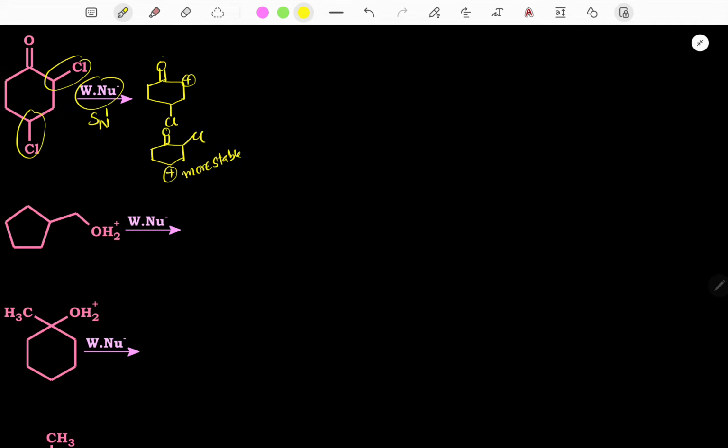And of course here C plus is adjacent to a minus R group. C plus is adjacent to minus R, so that is a destabilized carbocation because of minus R. So we should not form the destabilized carbocation. The stable carbocation is formed and the nucleophile attacks on C plus. And finally it gives the corresponding product like this.